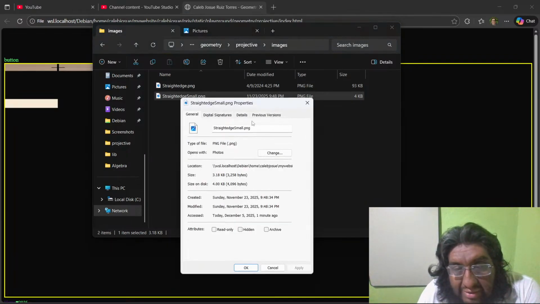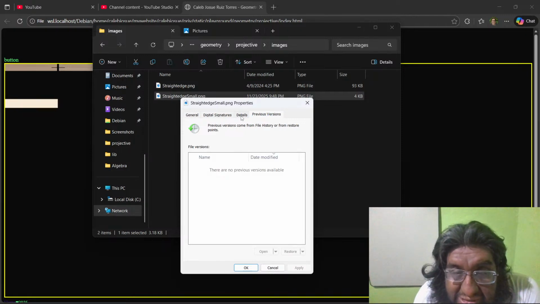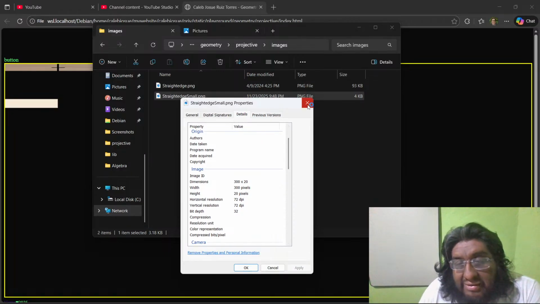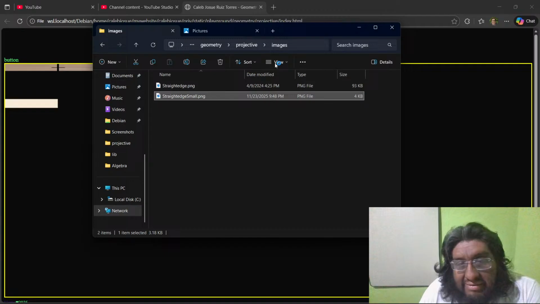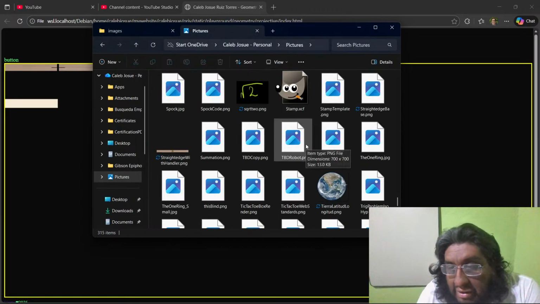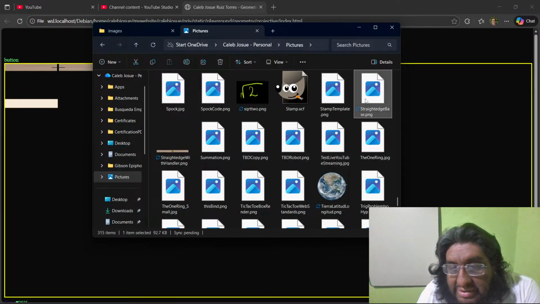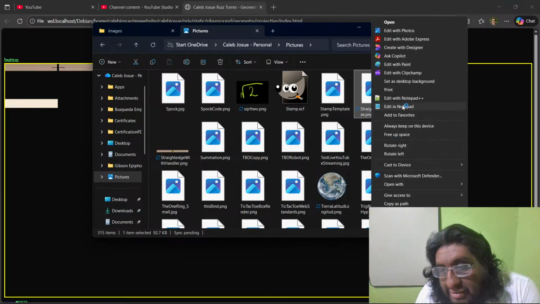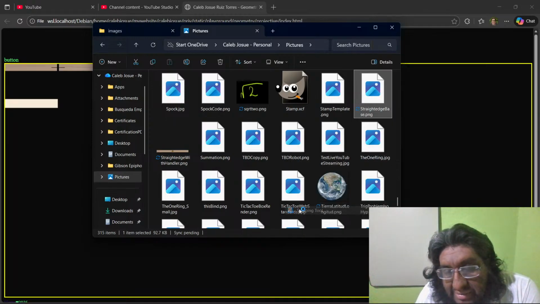I'm taking a look at the dimensions. It's 300 with 20 pixels height. There's only straightened edge space. Let us see. What is this thing?